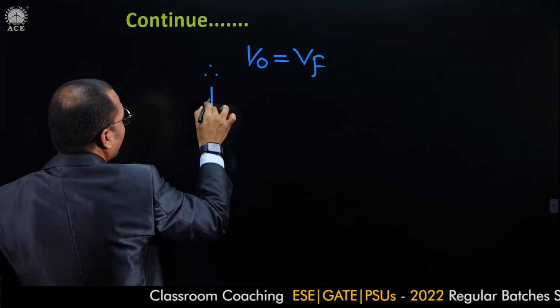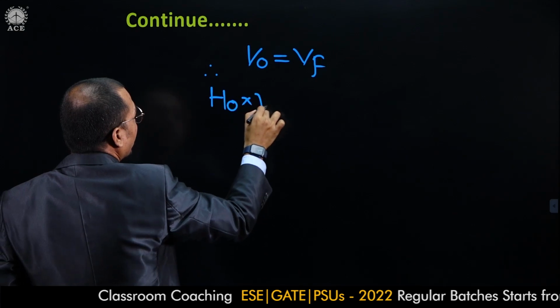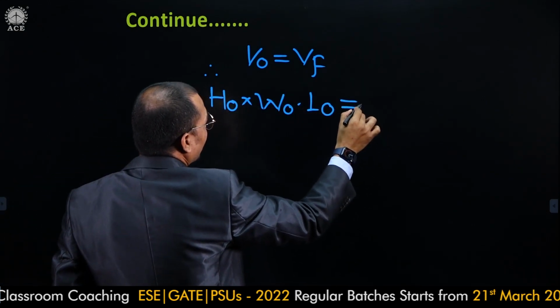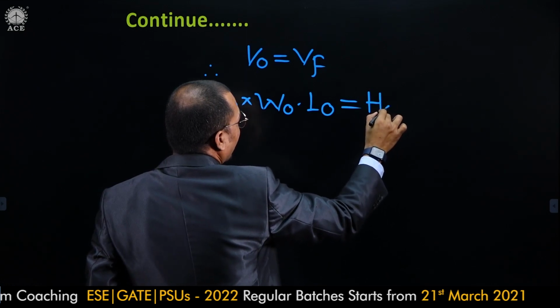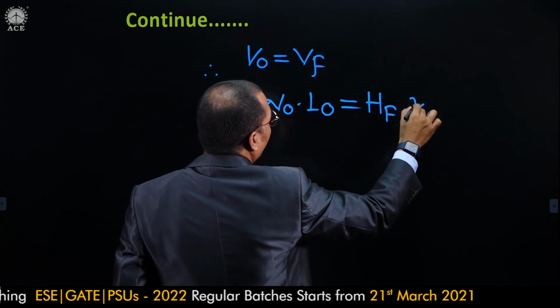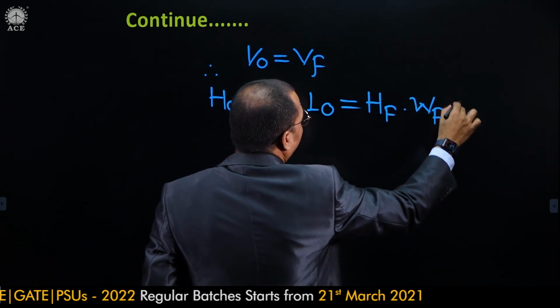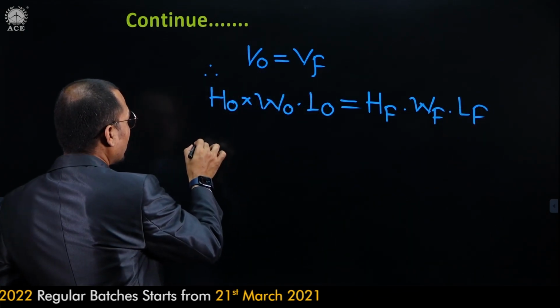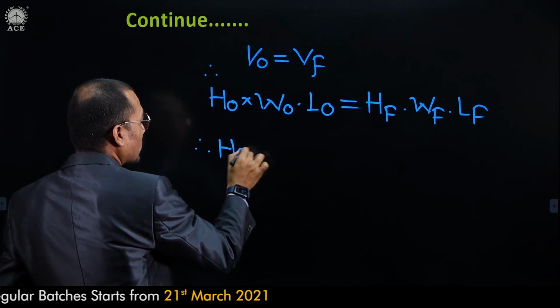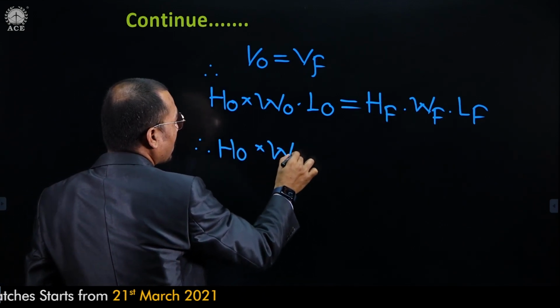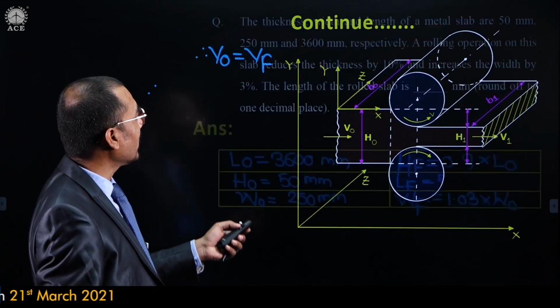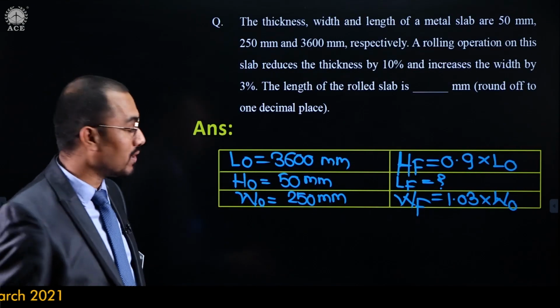Thickness H naught into width W naught into length L naught is equal to the thickness H final into width final into length final. I'll keep H naught as it is, width also as it is, and L naught, the original length. What is the original length? 3600. I'll put it there.